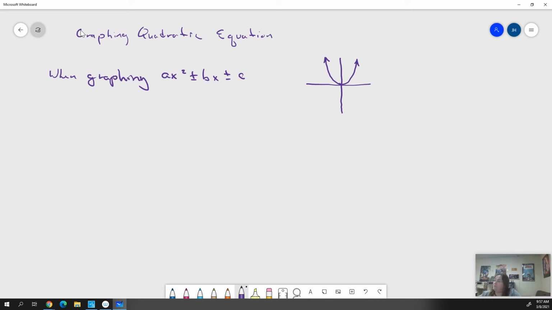Now this is just the standard where I started at 0, 0, but that could be anywhere on this graph. But what you know is if this a is positive, we are graphing up.